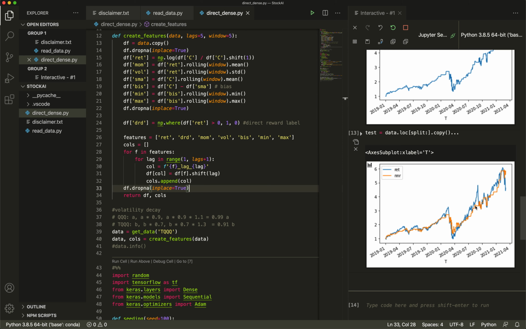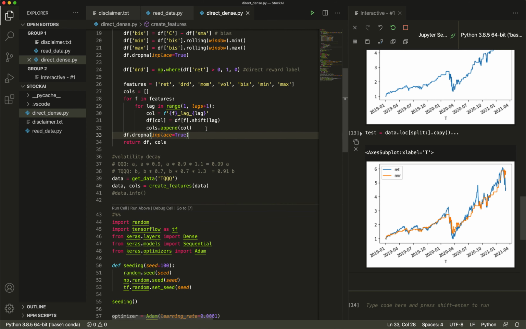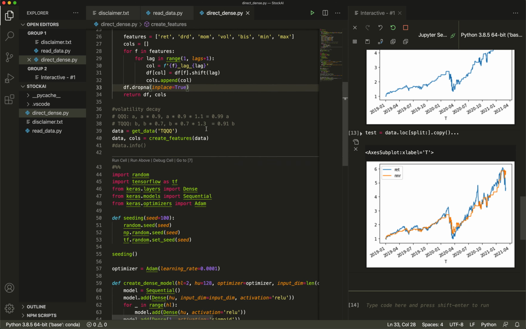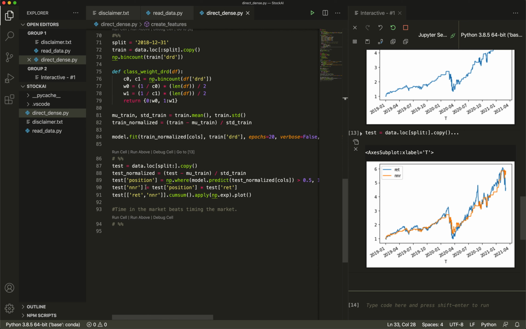This kind of very sharp increase is going to cause the position to go to 0. So it's exactly a day-to-day prediction. You are predicting the next day price movement.